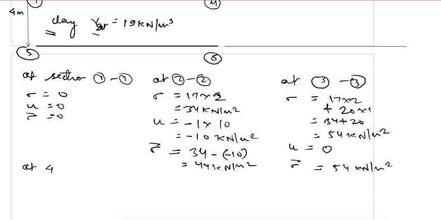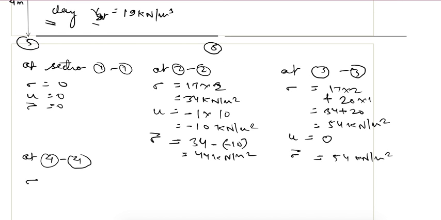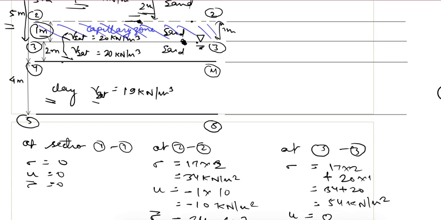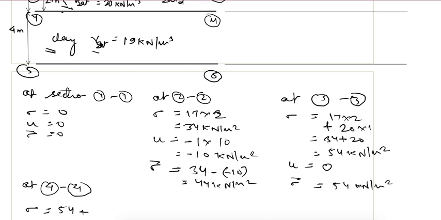Now at section 4. So total stress is the total stress up to section 3 plus, in this zone also the soil is saturated sand. So it is 2 into 20. So this is equal to 94 kilonewton per meter square.